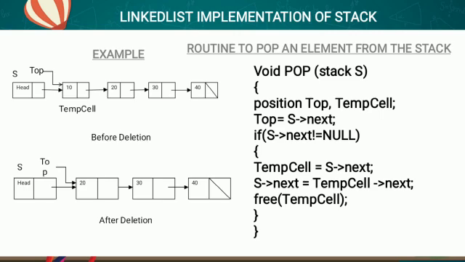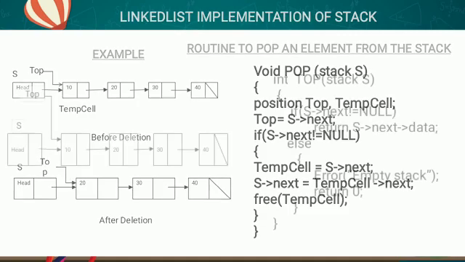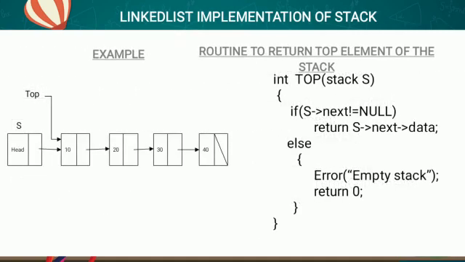If the stack is empty, then the deletion is not possible. Otherwise, make the front element in the list the temp cell. Then update the next field of the header. And finally, using the free function, deallocate the memory allocated for the temp cell, because that node is deleted. That's the pop operation.